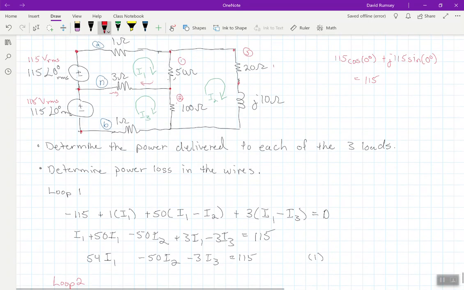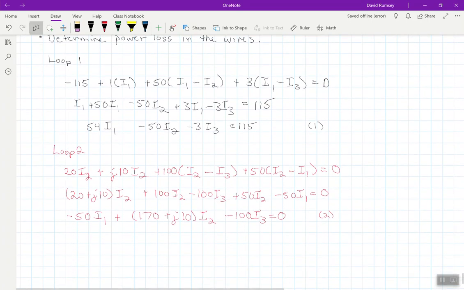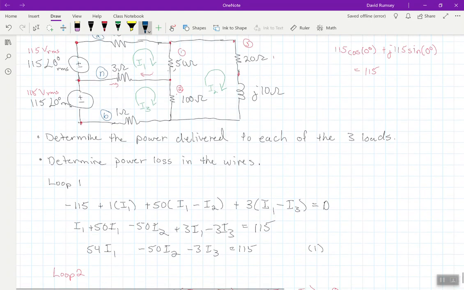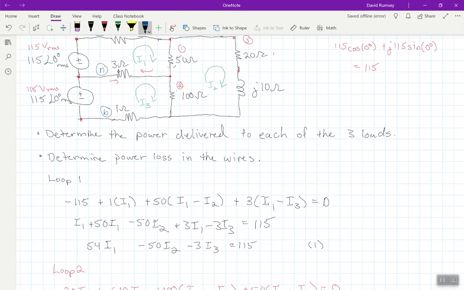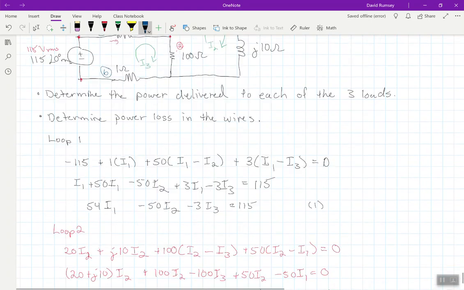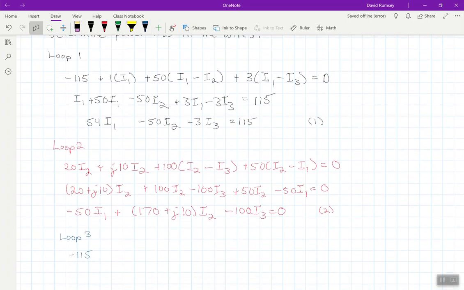Okay, so now of course we still have one more equation to write, for loop 3. And again, it doesn't matter where to start, but I typically start with a power supply when there's one present. The arrow is going into the negative side, just like it was in loop 1. So for loop 3, I'd have minus 115. Then going through this 3 ohm resistor, I've got I3 and I1 in opposite directions.